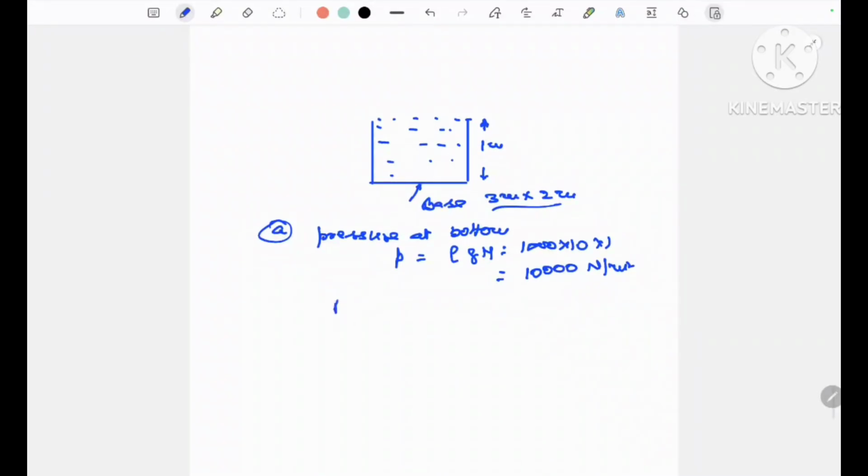Area of the base A is length into breadth, 3 into 2 is equal to 6 meter square.